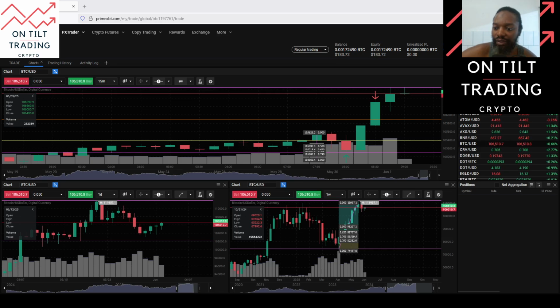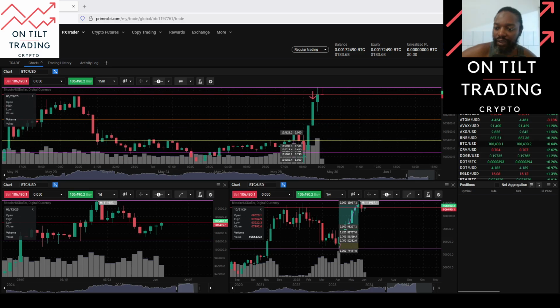This trade was a target on liquidity, and that liquidity is right here. There's going to be some buy-side liquidity located in this area for anybody who's sold here. For a target, my target was actually right here.